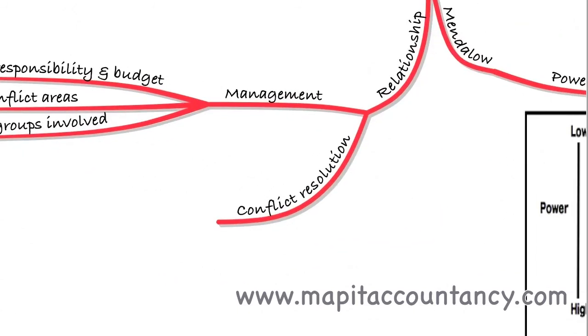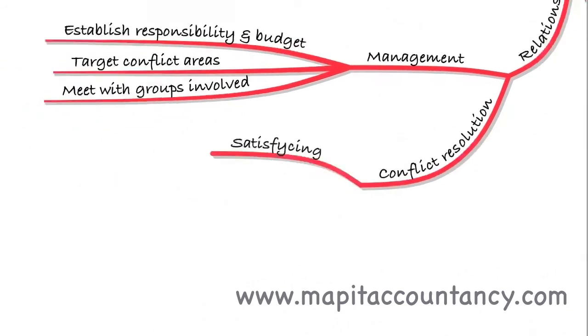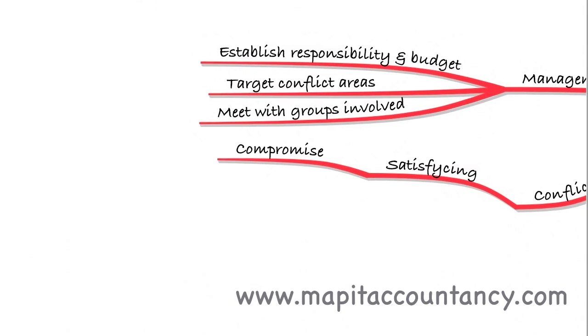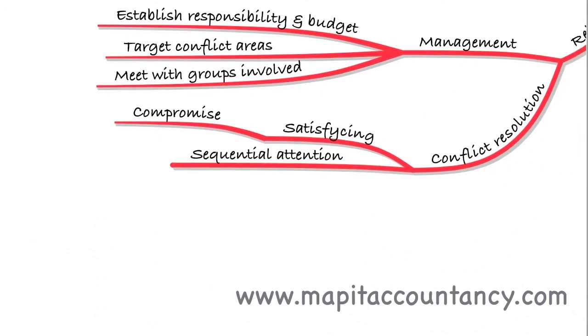Well, there are some ways that we can deal with conflict resolution. For example, satisficing. Now, satisficing simply means that we come to a compromise with those stakeholders. Now, that will apply more to stakeholders who have reasonably high power, because we'll need to actually come to a compromise with those stakeholders. As opposed to our sequential attention, for example.